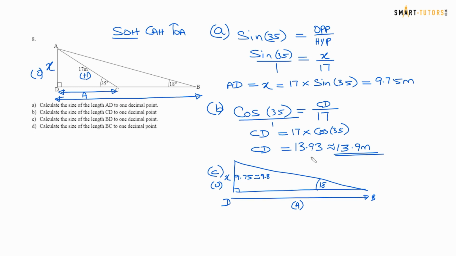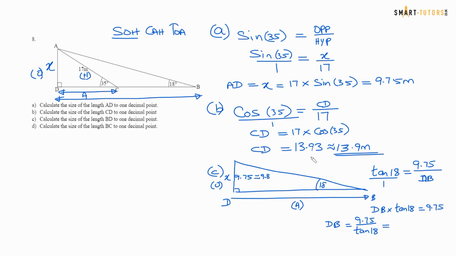So if you write the formula, tan 18 is opposite, which is 9.75 divided by adjacent. Sorry, adjacent means DB. So if you cross multiply, DB times tan 18 equal 9.75. So DB equal 9.75 divided by tan 18.